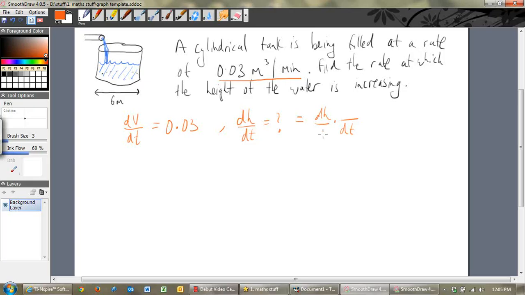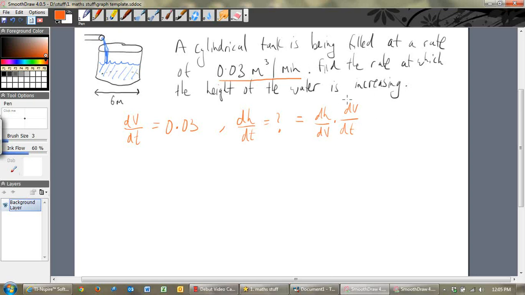What could you put in here? What do you already know? Well, we know dV dt is 0.03, so that's a good idea. Let's put dV in here to make dV dt like that. So down here we need to put dV, and that gives us our dH dt.